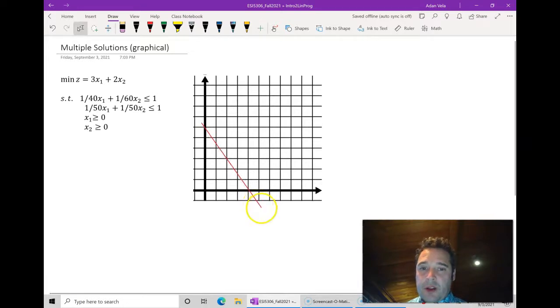All right, so this is the first constraint equation. And we can add in the second constraint equation. It's going to look something like that.